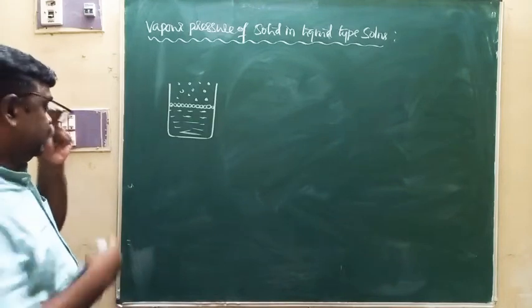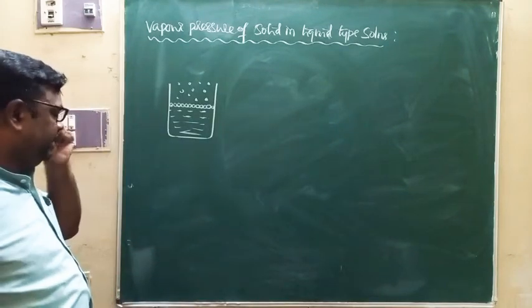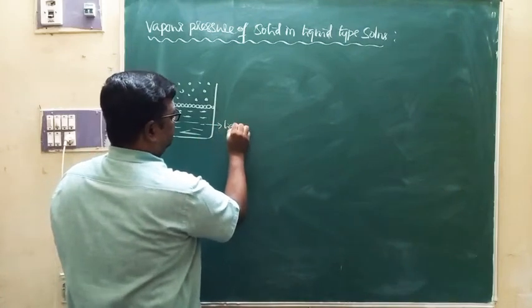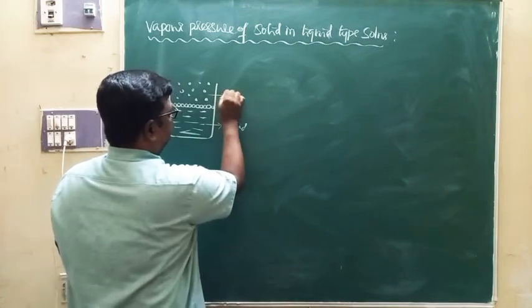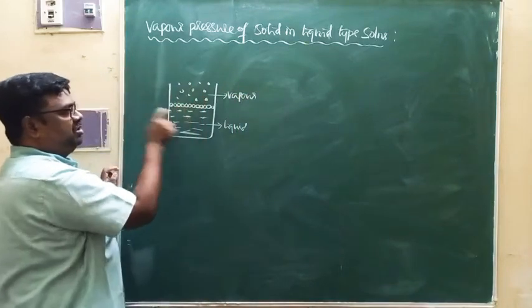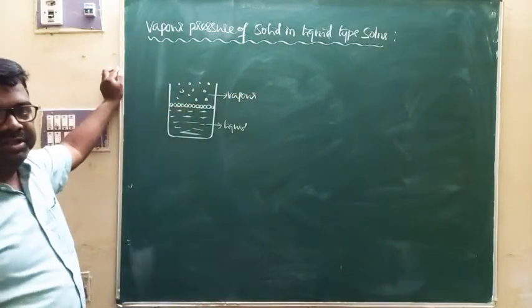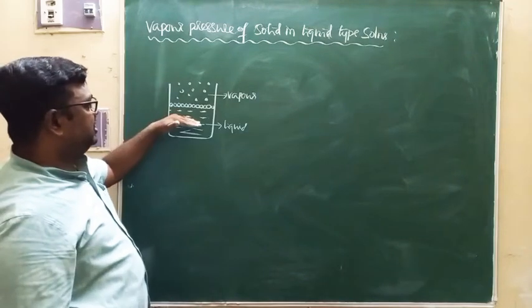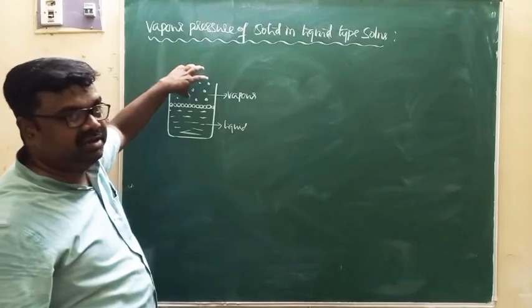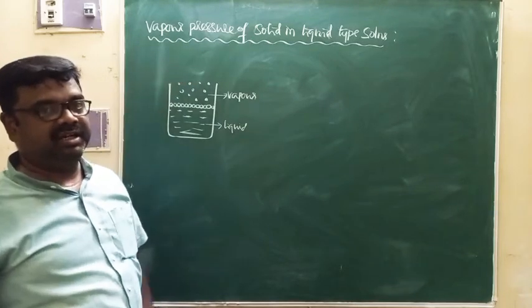This is liquid water, and this is what we call water vapor. Water is associated with vapors above its surface, and therefore these vapors will exert a certain pressure, and that is called vapor pressure at equilibrium.